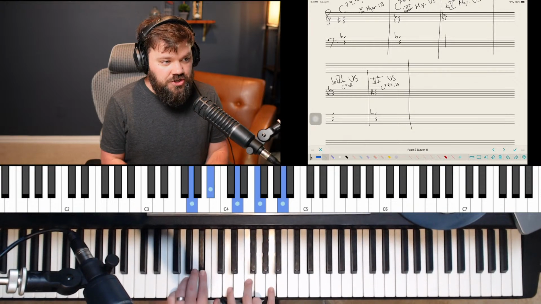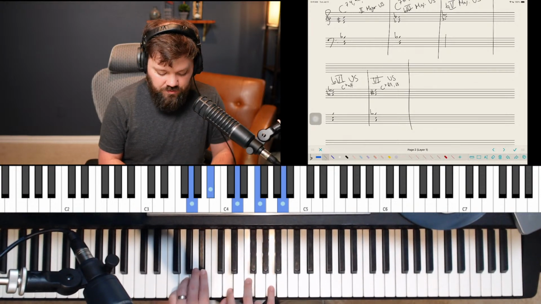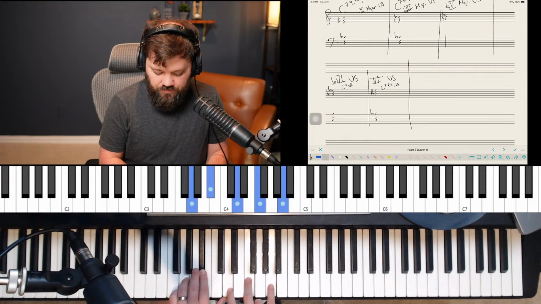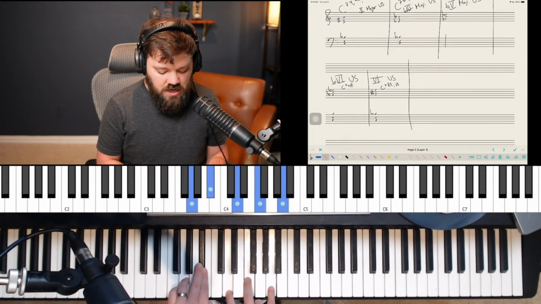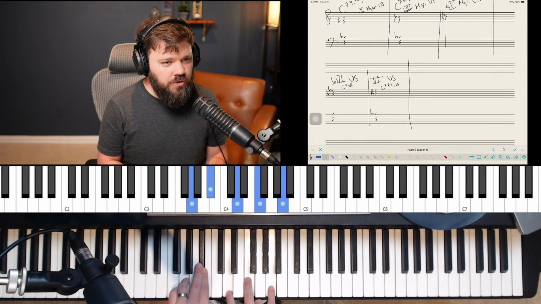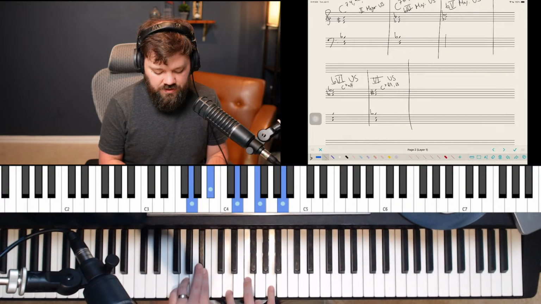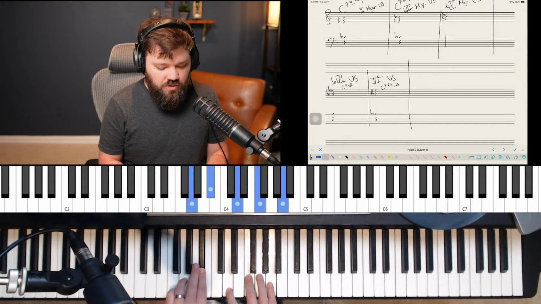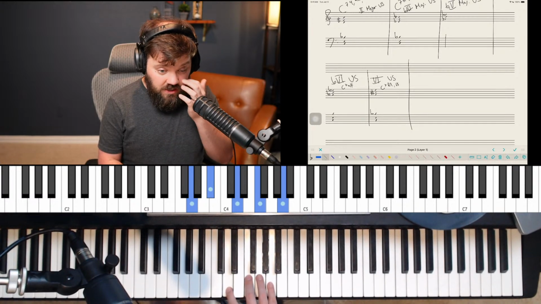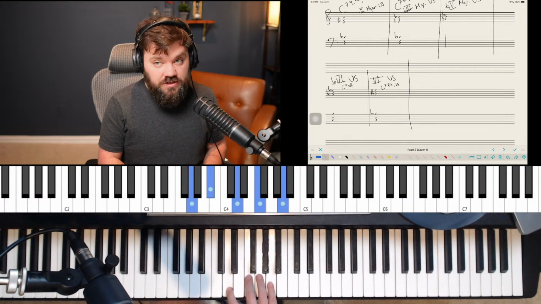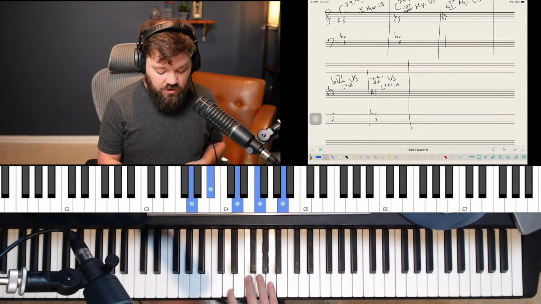So let's just start out with a very straight up G minor 9 chord. And what I want you to do is just look for opportunities to use one of these. So look at all the notes that you have here and see, once again, all of these are just combinations of different chords that you could do.